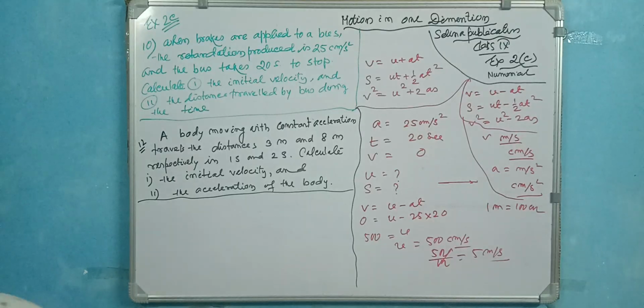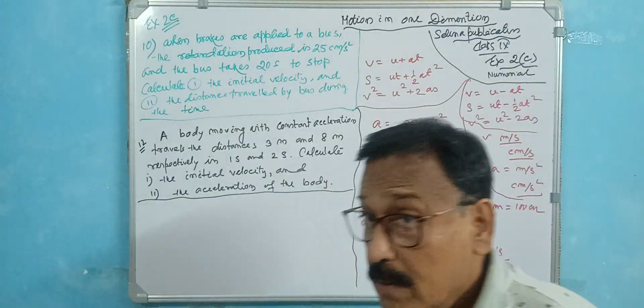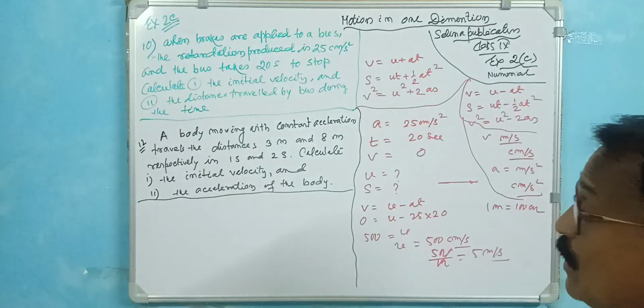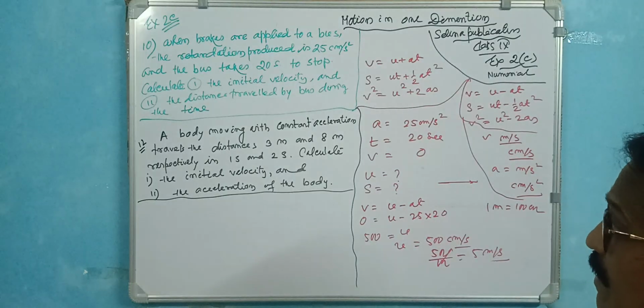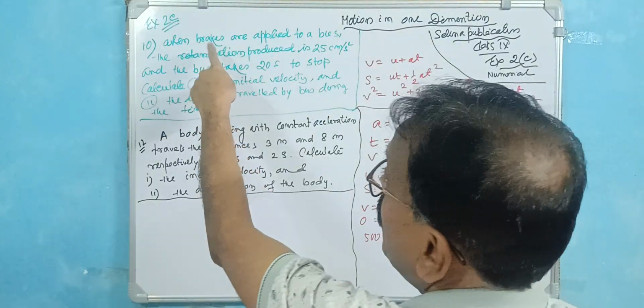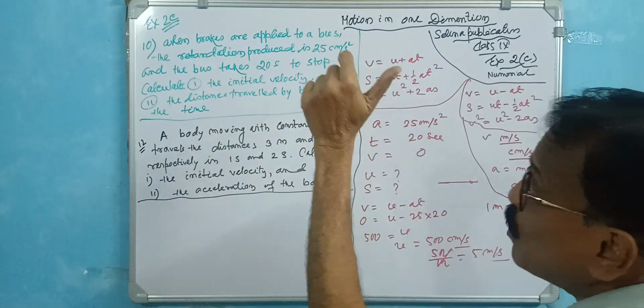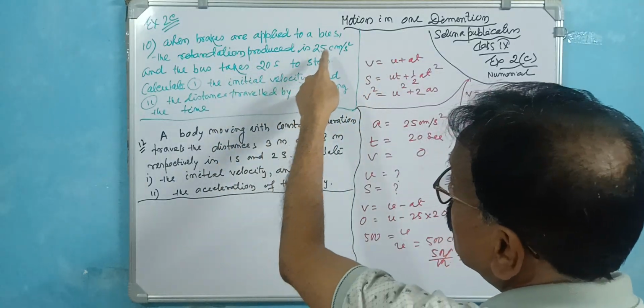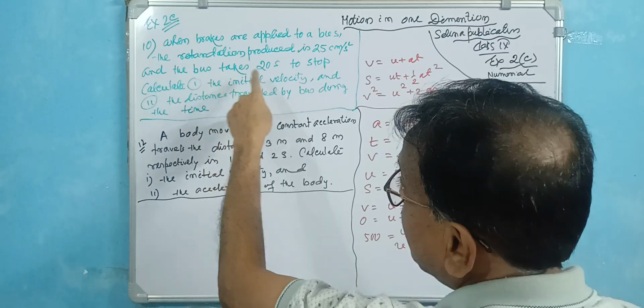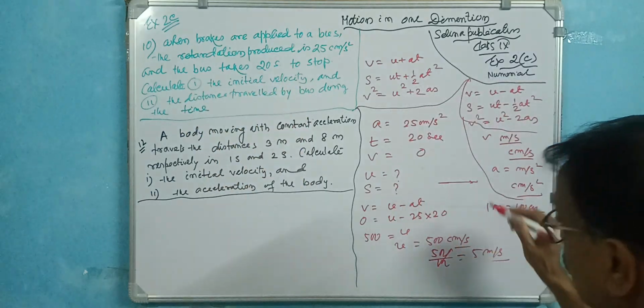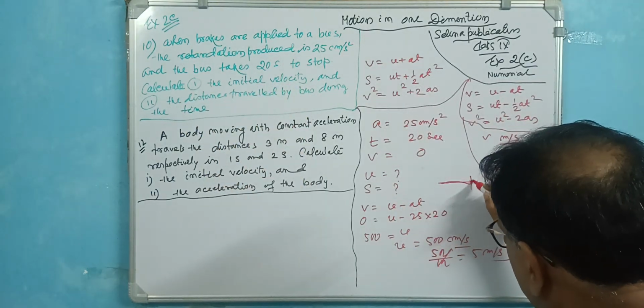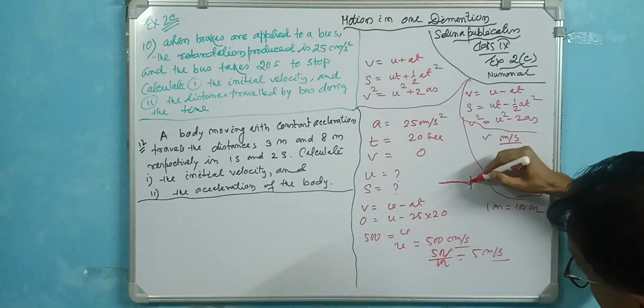It's clear. Now, what is the distance covered? When brakes are applied to a bus, the retardation is produced, and the bus takes 20 seconds to stop. That means the bus is moving up to this point, and the brake is applied here. So what is the distance?